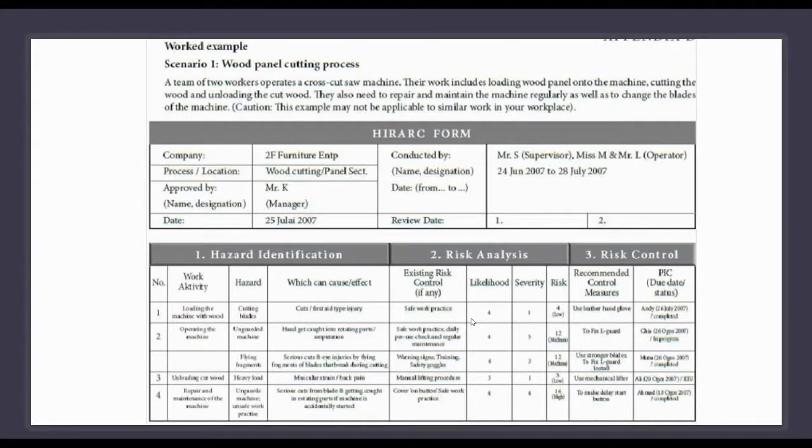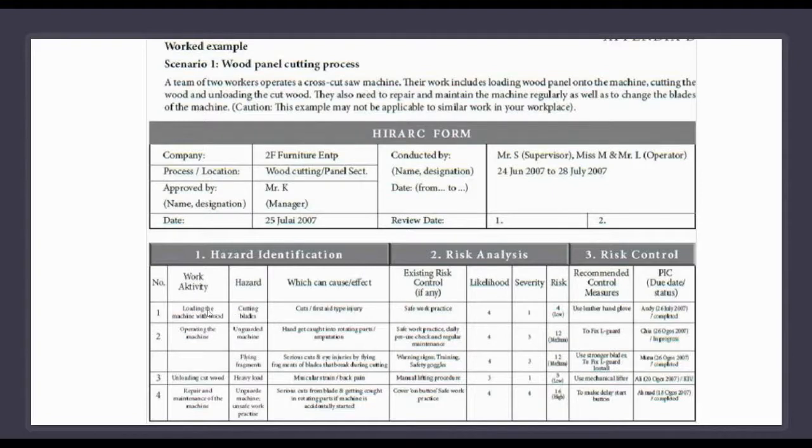Okay, this is the work example scenario, wood panel cutting process. So this is the implementation of the HIRARC. This one is using the quantitative approach. Okay, as we can see, they divided it into work activities.